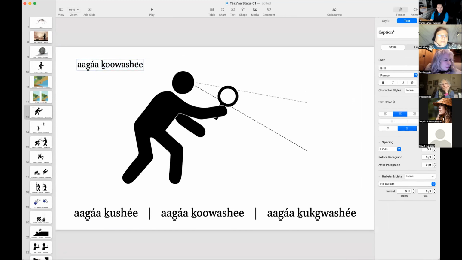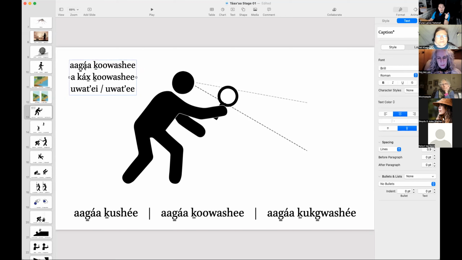So aqaqhuashi, akachhuashi, and then uwat-a, or uwat-e. These are closely related concepts, but they are different. Aqaqhuashi, they were looking for it.